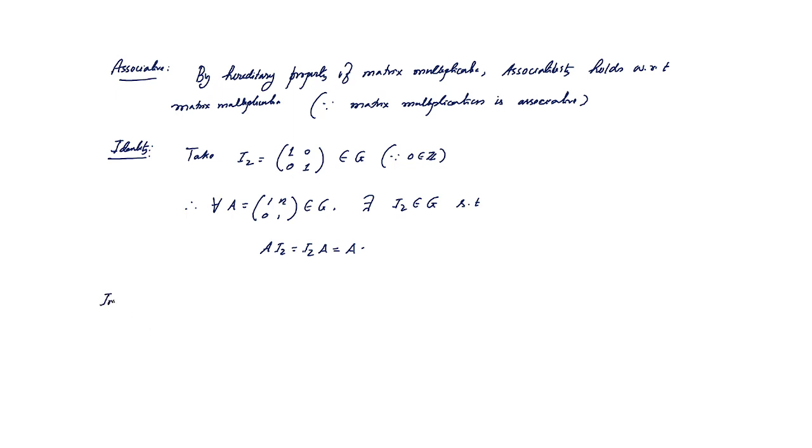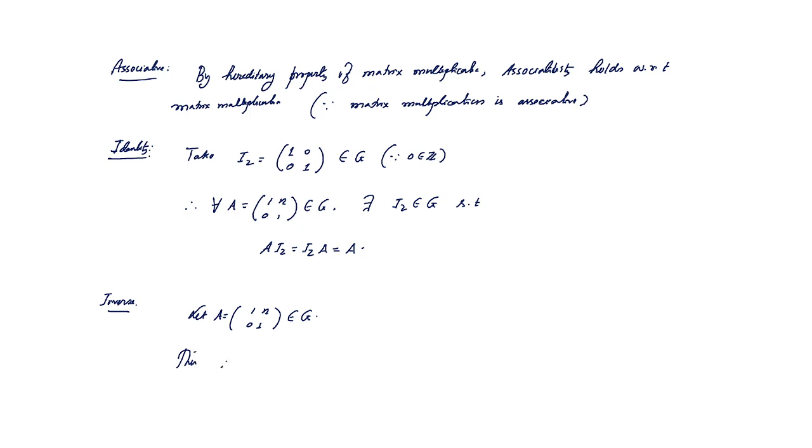Now for the existence of inverse, let us take the element A = [1, n; 0, 1] belonging to G. We need to show another element B such that AB = BA, which will be the identity.